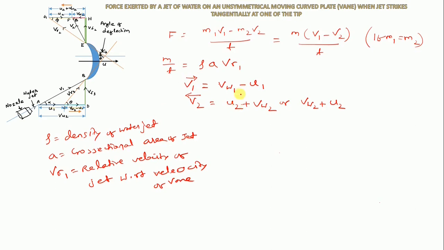If we put this component in this equation, and this value is put, rho a vr1 in place of m by t, then we can write that F is equal to rho a Vr1 into (Vw1 minus u1) minus (Vw2 plus u2).